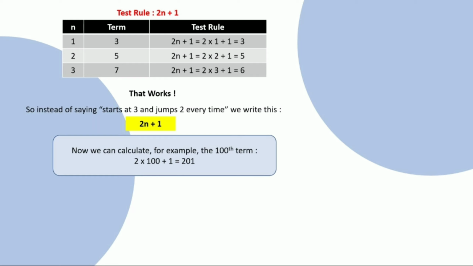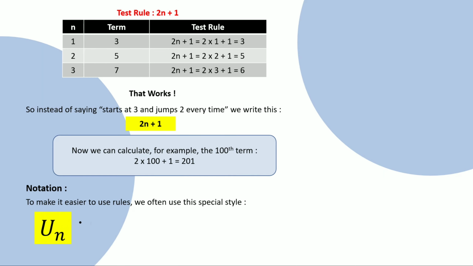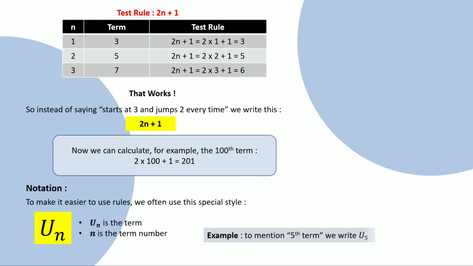So we get 2 multiplied by 100 plus 1 equals 201. To make it easier to use the rules, we often use this special style, Un. Un is the term, and n is the term number. For example, to mention the 5th term, we write U5.